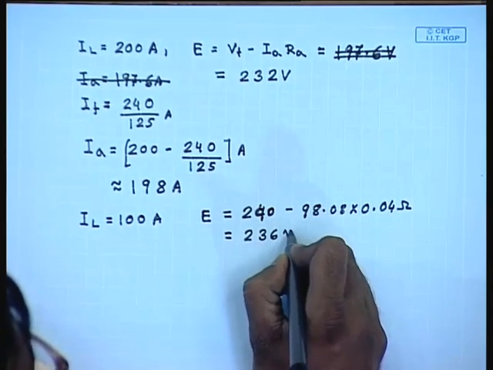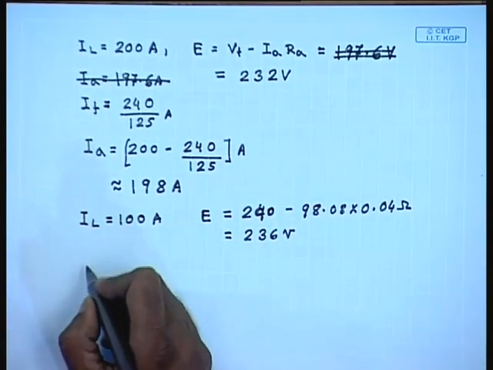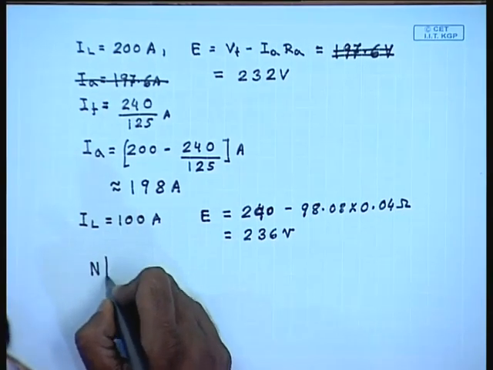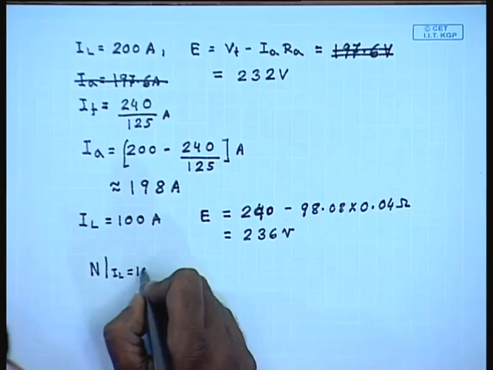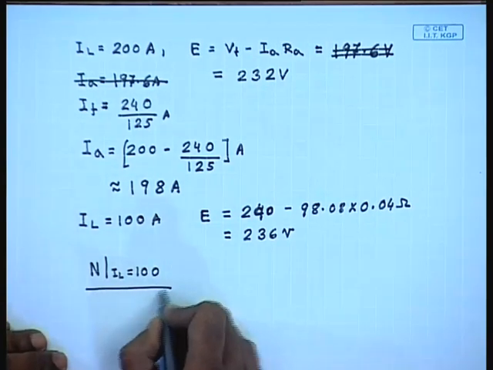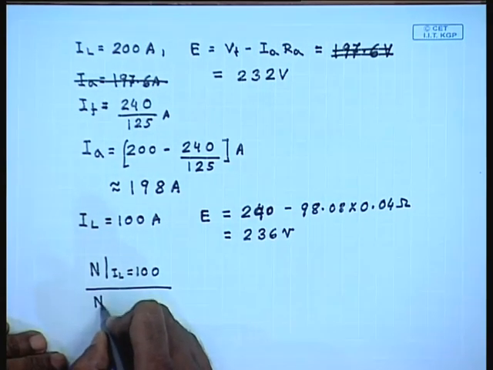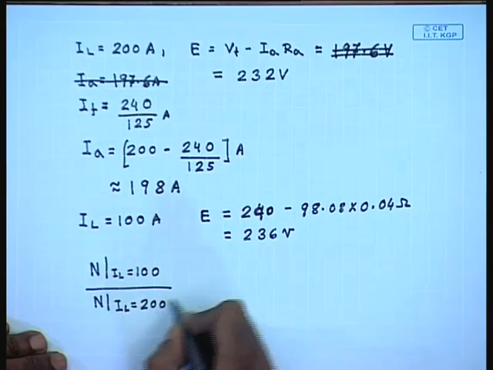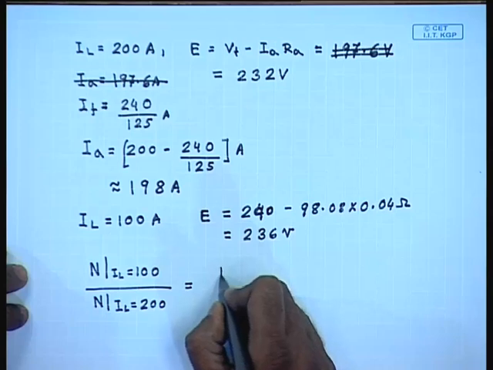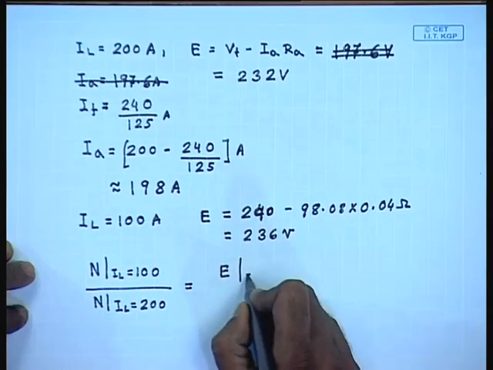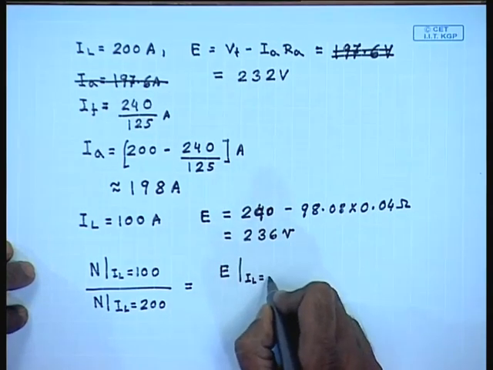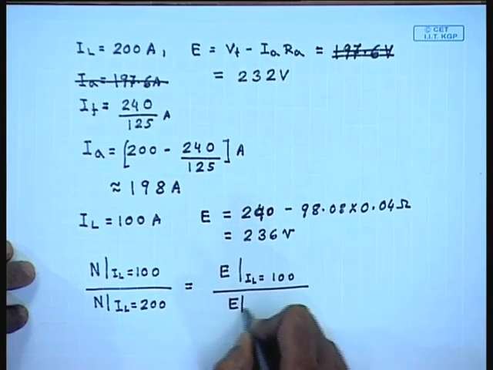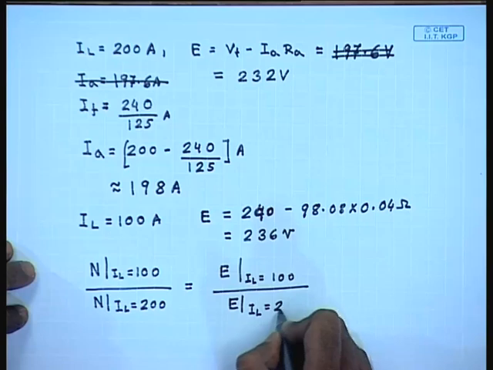So, since the field flux is same, N at IL equal to 100 divided by N at IL equal to 200 is equal to E at IL equal to 100 divided by E at IL equal to 200.